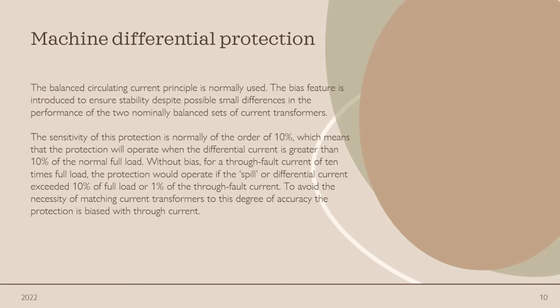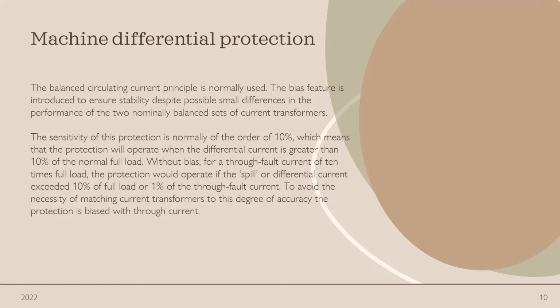Machine differential protection. The balanced circulating current principle is normally used. The bias feature is introduced to ensure stability despite possible small differences in the performance of the two nominally balanced sets of current transformers. Sensitivity of this protection is normally of the order of 10%, which means that the protection will operate when the differential current is greater than 10% of the normal full load.